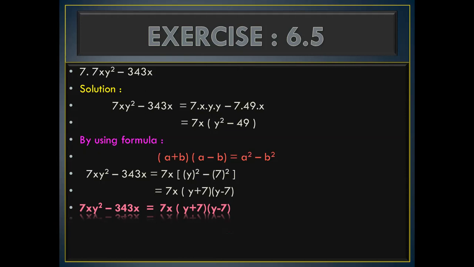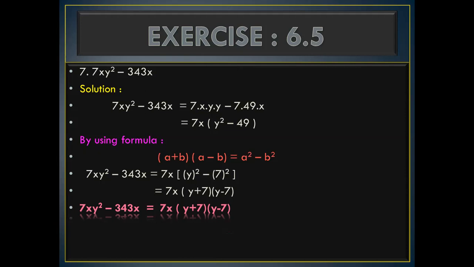Now because in the first term there is 7, you divide 343 by 7 and you see that 7 into 49, the product of 7 and 49, is 343. So we write 7 into 49 into x.